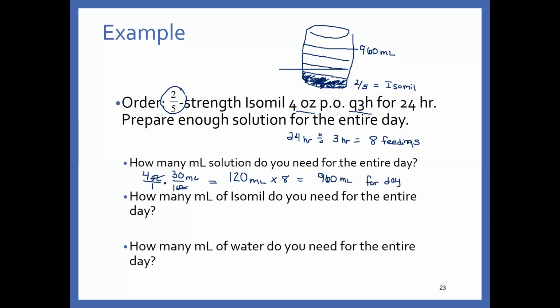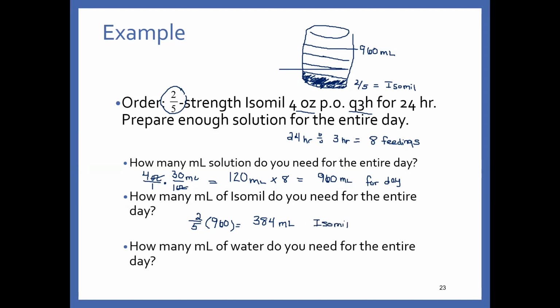So then I can do the math to figure out how many milliliters that is. So I take 2/5 of this, multiplying, so of the 960 total. And I go to my calculator and I do that, and I get 384 milliliters of the isomil.